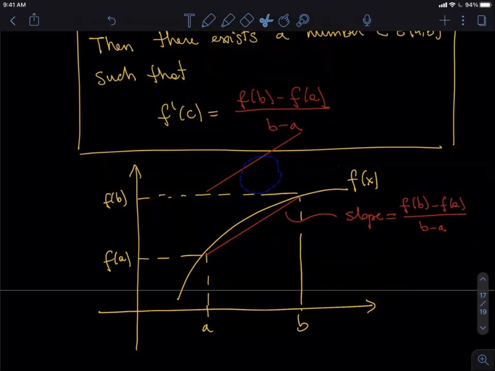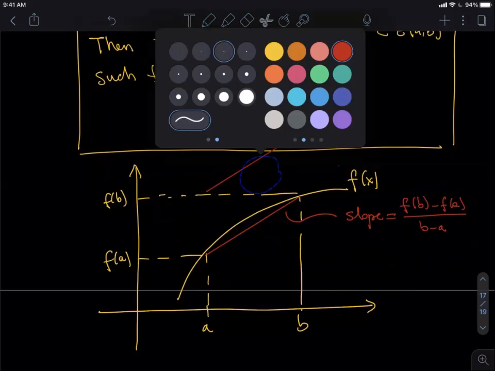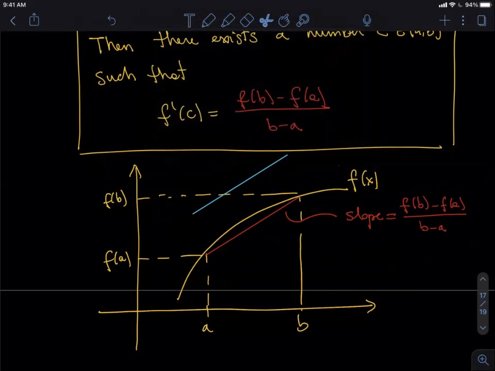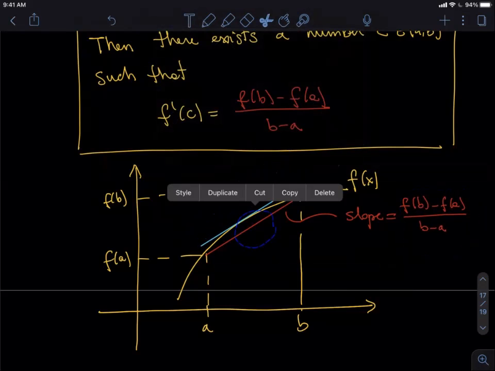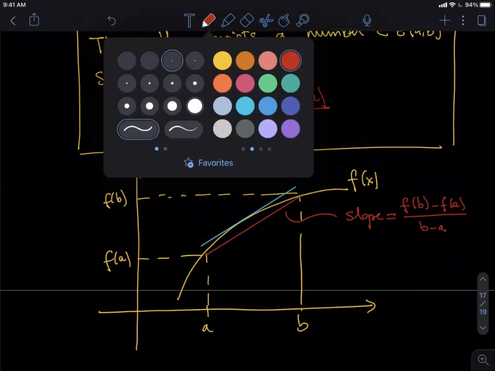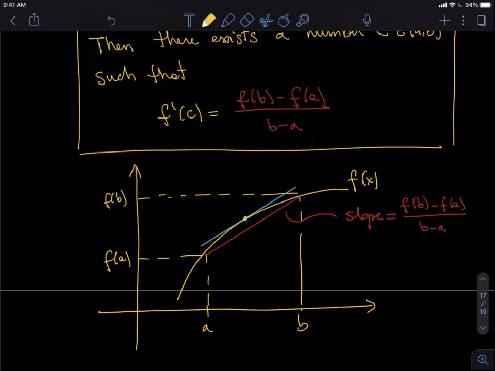Okay, that's the slope. And what the theorem is saying is that if I copy this line here, let's change to a different color, and say I move it around, did you notice what happened there? There is one point, C, where the derivative of the function f, the slope of the tangent, is precisely the slope of the red line, f of b minus f of a divided by b minus a.